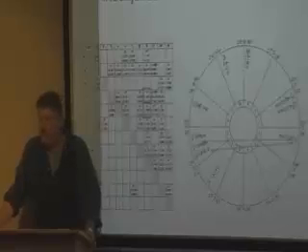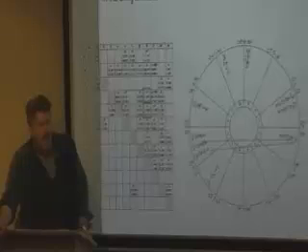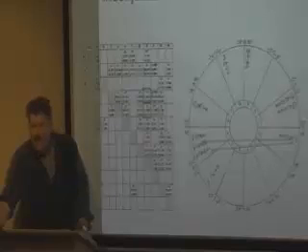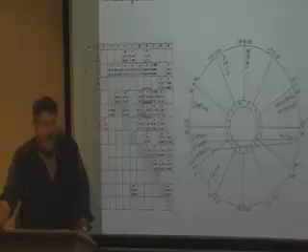Jupiter is like in nature to the trine. Mars is like in nature to the square. Saturn is like in nature to the opposition. The Sun is like in nature to the conjunction. Pluto is like in nature to the parallel aspect.